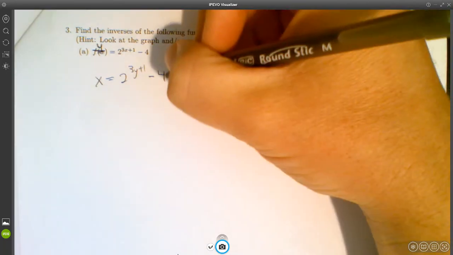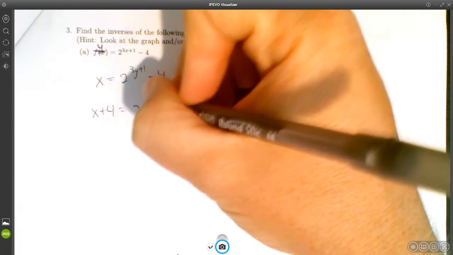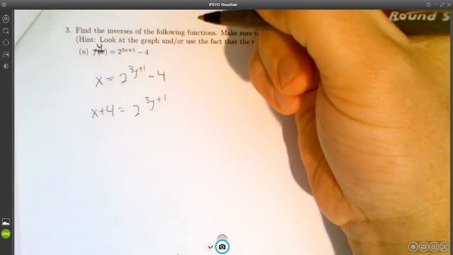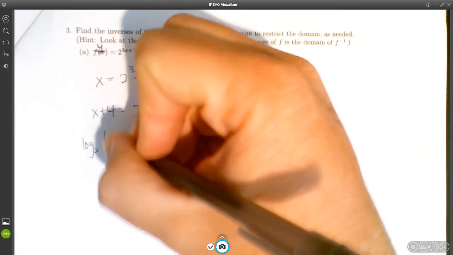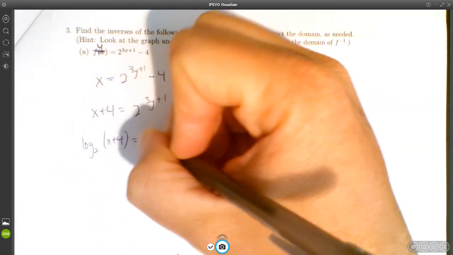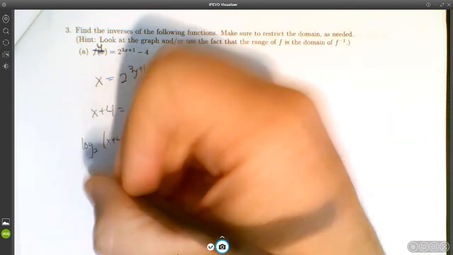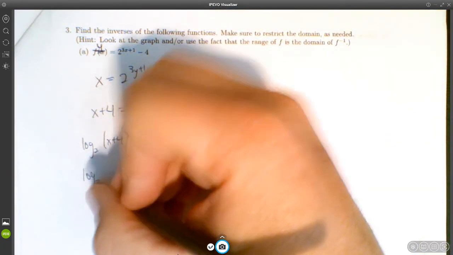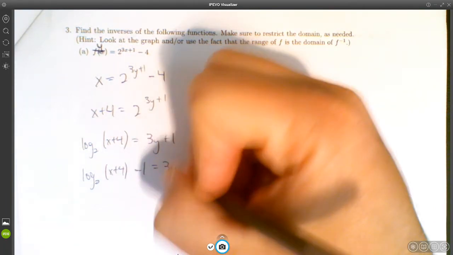So to solve for y, I would add 4. Then I would take a log base 2. Then subtract 1. And divide by 3.